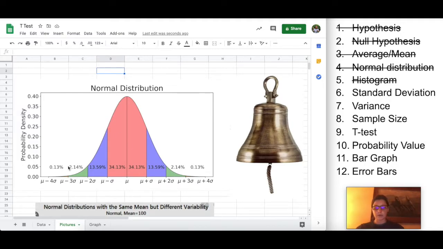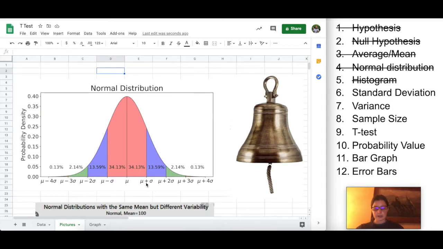where if you have something that has normal distribution, that bell curve, then you would take the mean and you would add 1 standard deviation and subtract 1 standard deviation, and the range from the mean minus 1 standard deviation to the mean plus 1 standard deviation is going to represent 68%, or 34 plus 34%, 68% of your data.